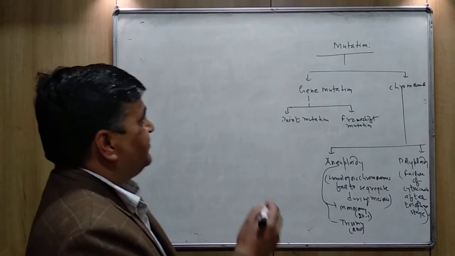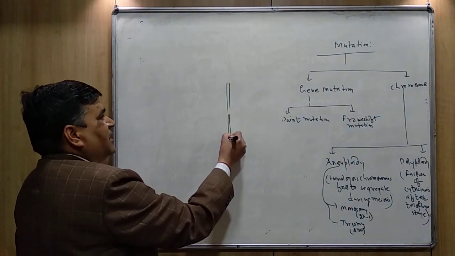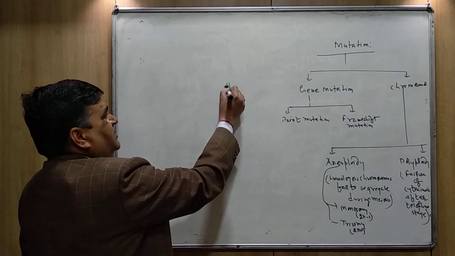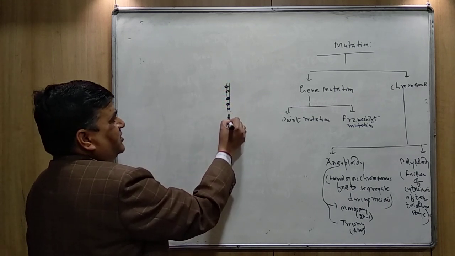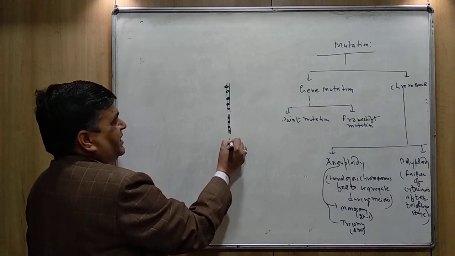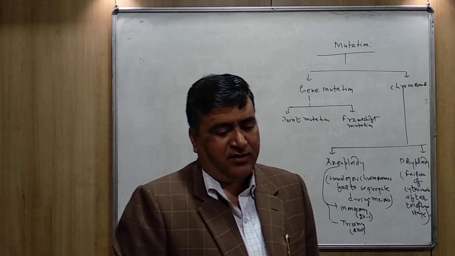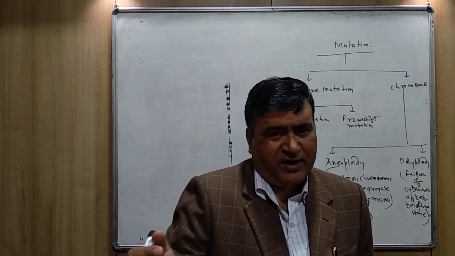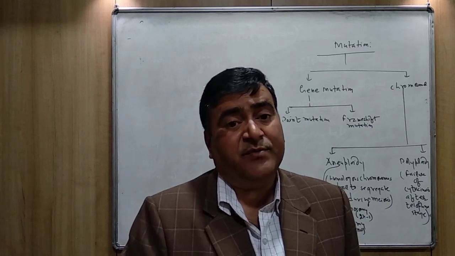As you know, suppose these are the chromosomes, and the chromosomes are the bearers of genes. So many genes are located on the chromosomes. Even a single chromosome may have nearly 100 thousand genes present.